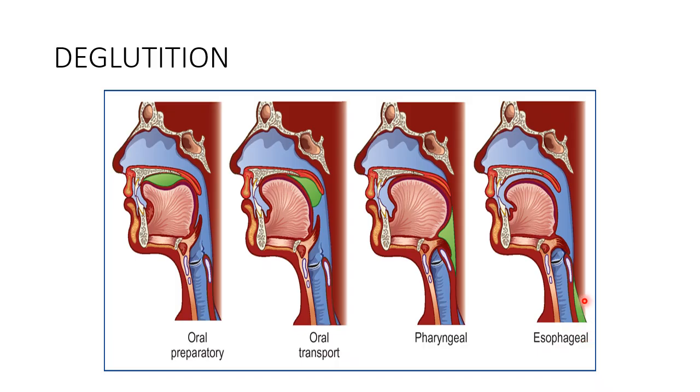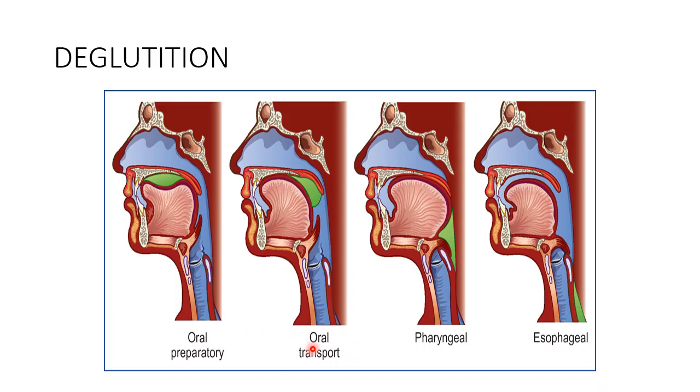The second is the secondary peristalsis. Secondary peristalsis occurs when there is a forceful contraction in the esophagus to clear the retained food, and it is more during the lying position. So in the lying position, secondary peristalsis helps in the propulsion of the food.